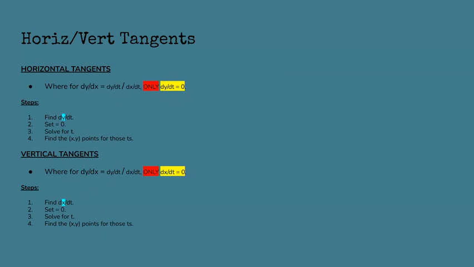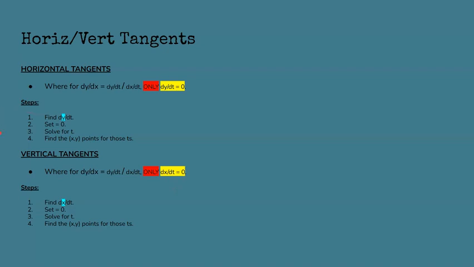So that means that the x one is not equal to 0. And for vertical, it's the opposite. It's where the derivative of the x equation equals 0 only. That means that the y one won't equal 0. If they both equal 0, then that's a completely different thing that we don't talk about right now, or not even in this course, I mean.